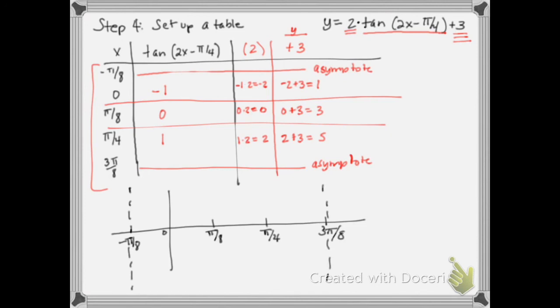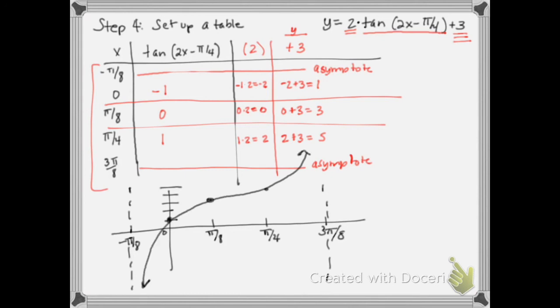At 0, I should be at 1. At pi over 8, I should be at 3. And at pi over 4, I should be at 5. That's close enough. Then I'm just going to draw a curve through my points, so it looks something similar to this.